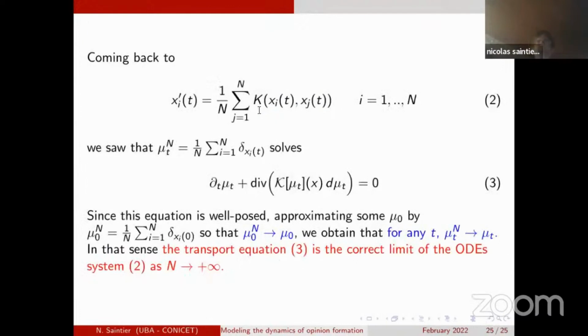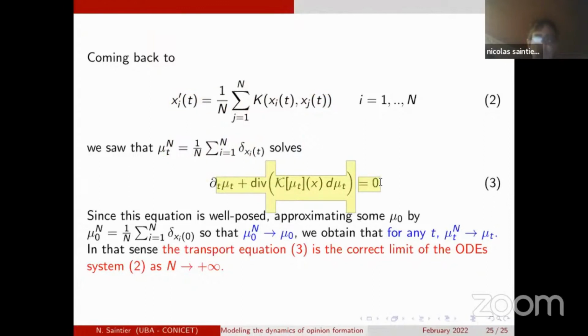And the nice thing with that well-posedness result is, we can really justify that this equation is, in some sense, the right limit of this system of ODEs, because we saw that we could condense the whole system of ODEs through the empirical measure to this equation.